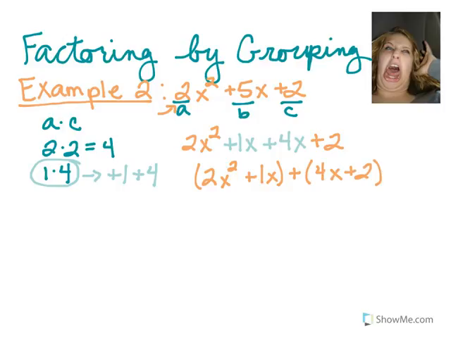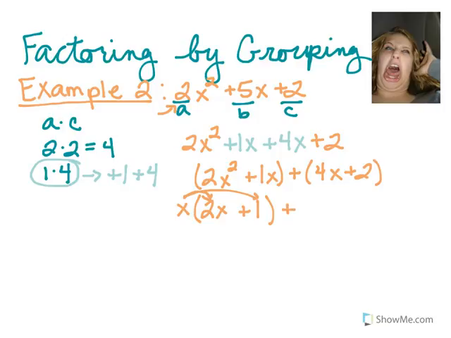Okay, so it looks like in the first group, 2x squared plus 1x, that there's an x in common, and that's it. So we're going to start with that, and then we're going to have a 2x go here because x times 2x gives me 2x squared. And then over here I'm going to have a plus 1 because x times 1 gives me 1x.